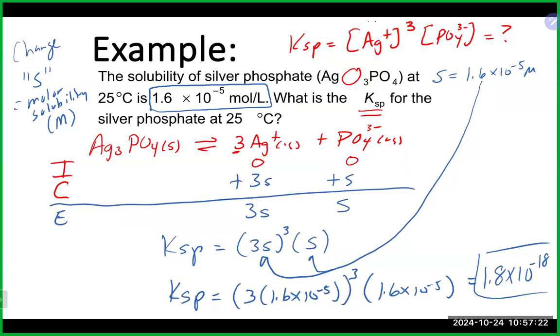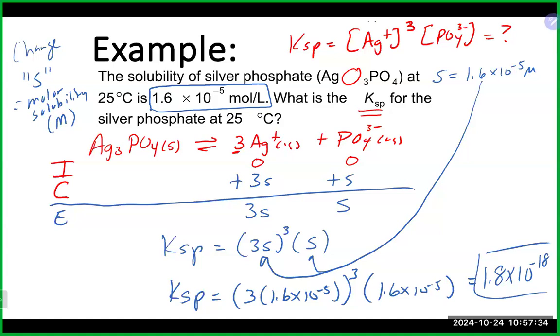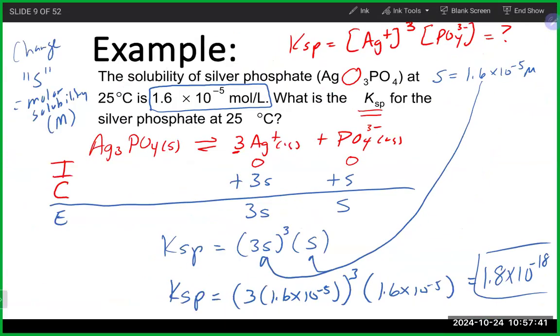Question on that. So earlier I said that you really don't need to do an ice table, and you don't necessarily have to do an ice table, even though you might need to do, whoops, wrong way. There you go. This way. What you could do is, again, if you understand concentration, just come here.